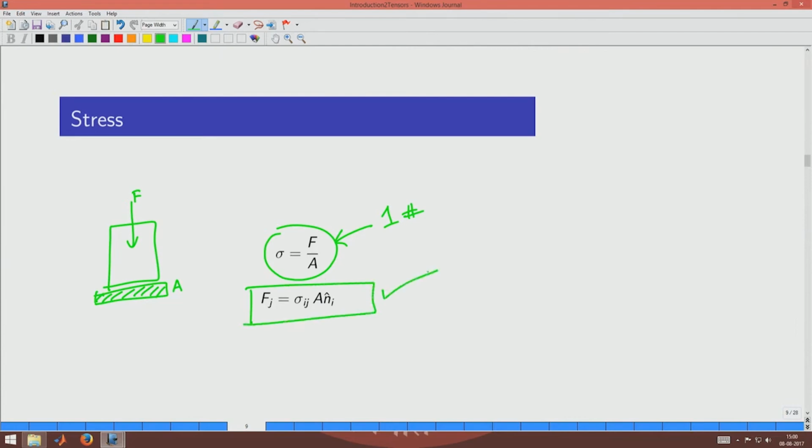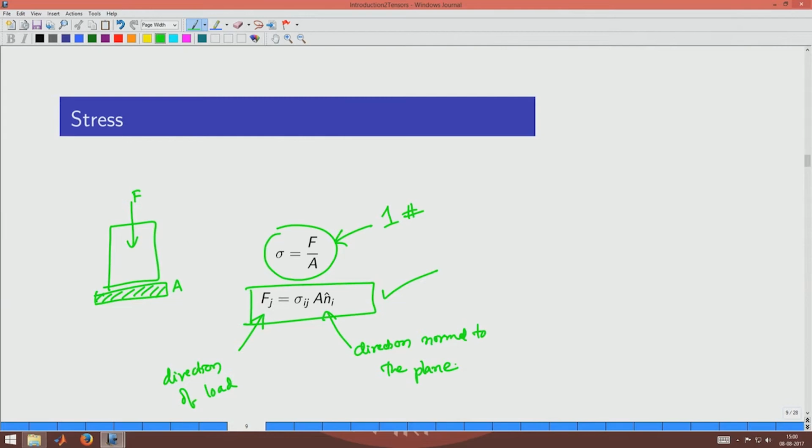The reason is like this. Whenever you want to define stress, we need to remember that there are two directions involved. One is the direction of load, and another is the direction which is normal to the plane.